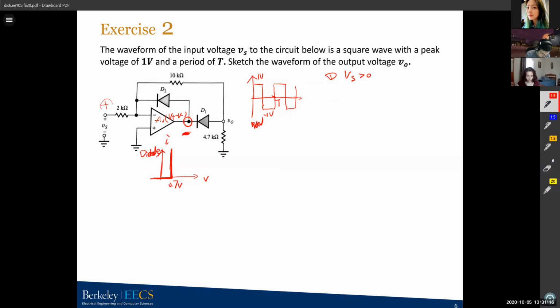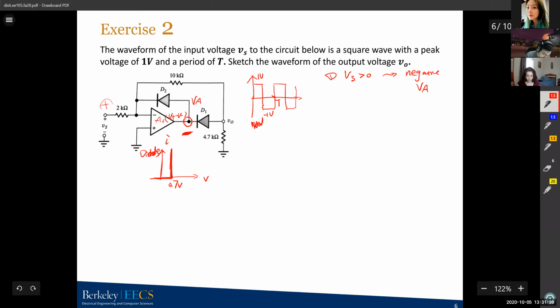V plus minus V minus gives a negative value, times A is another negative value. So positive Vs will give you a negative Va.